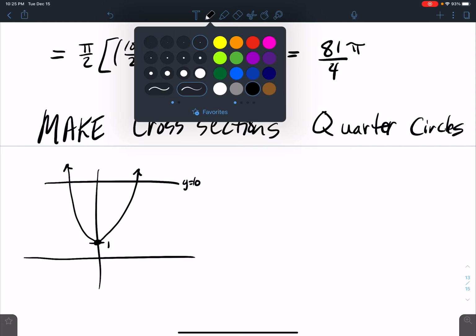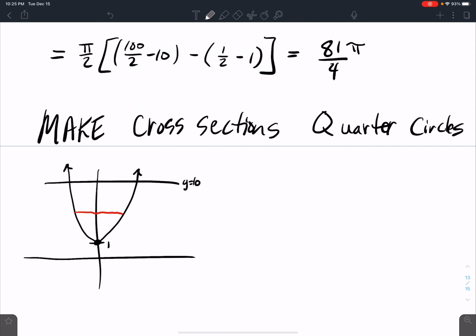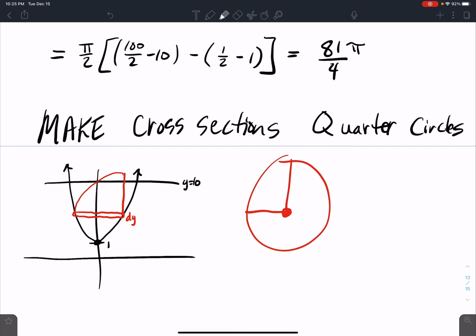And now the cross section is a quarter circle. Once again, we're still cutting dy's here, but think about finding the area of a quarter circle. How do you find the area of a quarter circle? Well, you take the whole area, pi r squared, and then you divide it into fourths, right? And that gets you the area of a quarter circle.